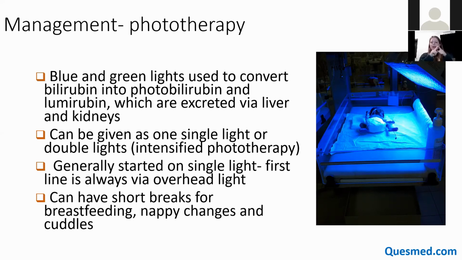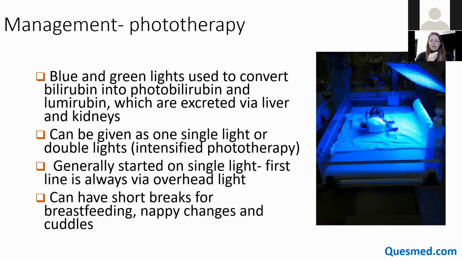So bilirubin gets converted via a photochemical reaction into 2 things. One is called photobilirubin and the other is called lumirubin, and they're both excreted via the liver and the kidneys. An important thing to think about with these 2 products: most bilirubin on exposure to light is converted into photobilirubin.